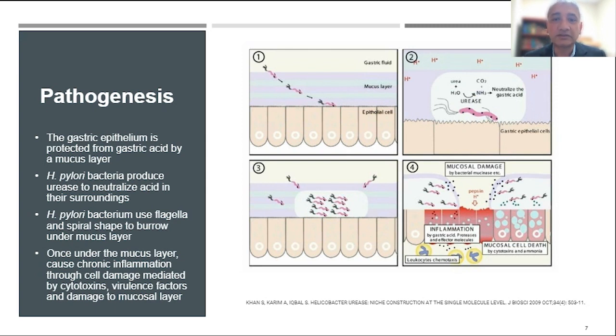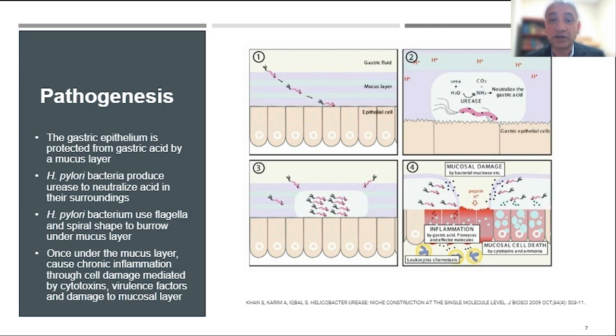So once they get next to the epithelial cells, H. pylori bacteria are able to survive by making the environment around them less inhospitable to themselves, by catalyzing the conversion of urea to ammonia and creating a less acidic microenvironment.